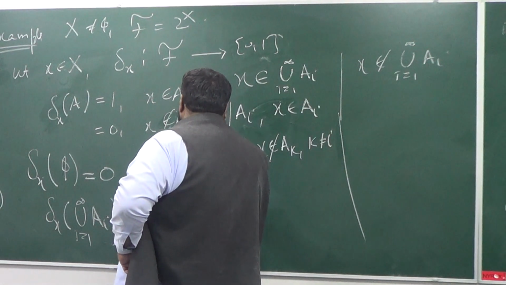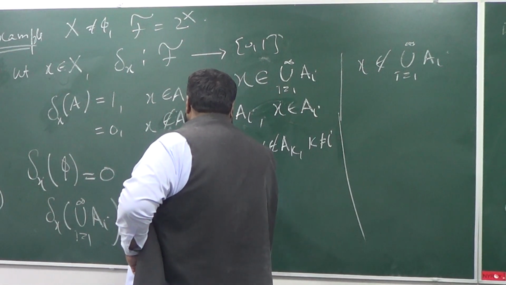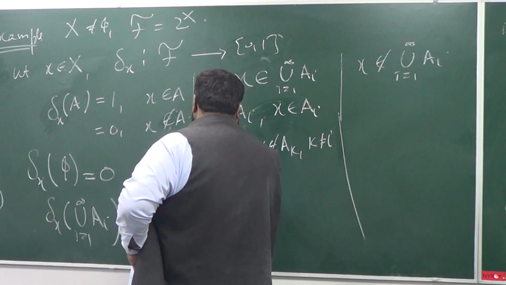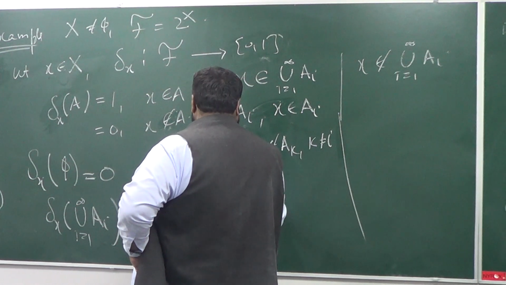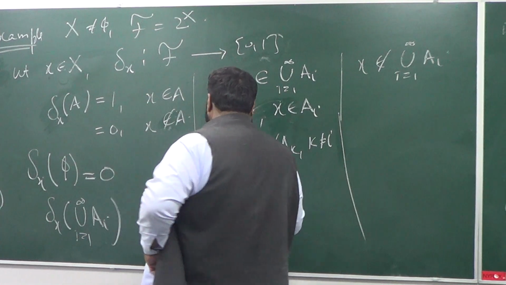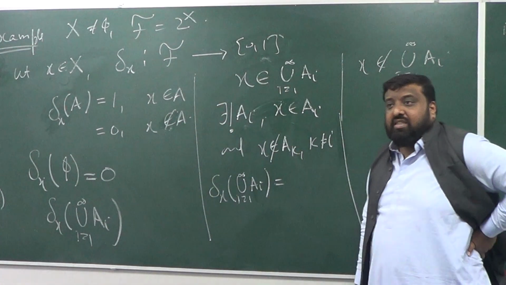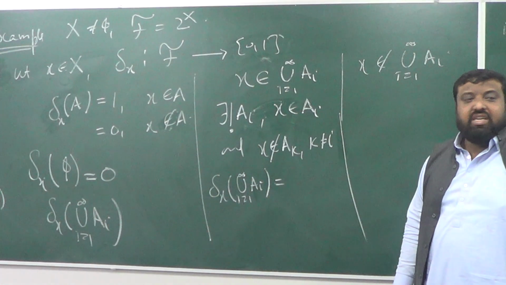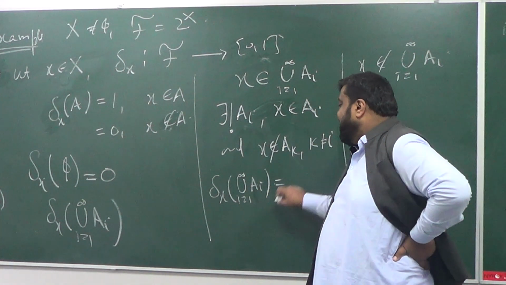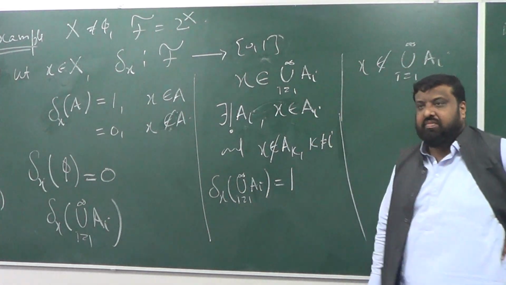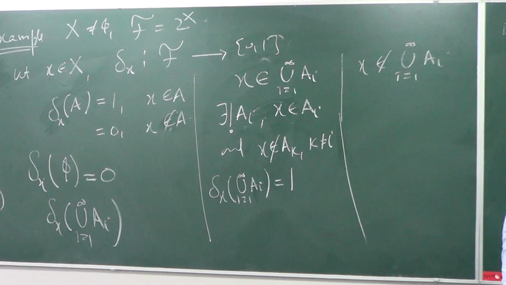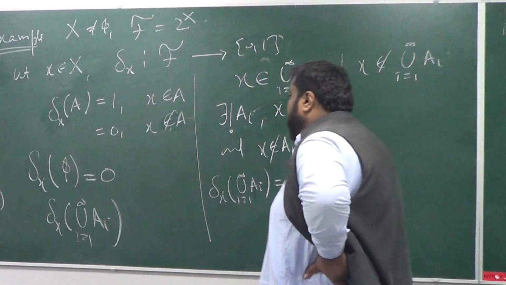Now, what would be the delta x of the union, i equal to 1 to infinity? Because x is inside this set, you're going to have 1. And how about the other side?